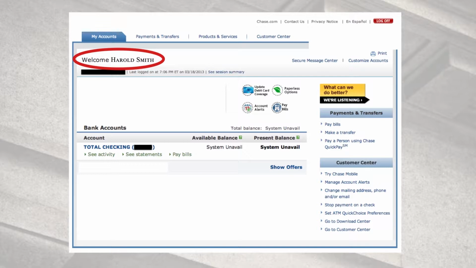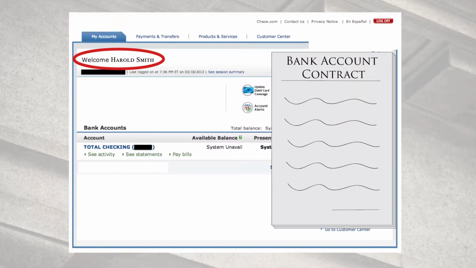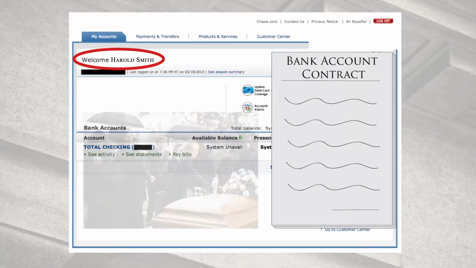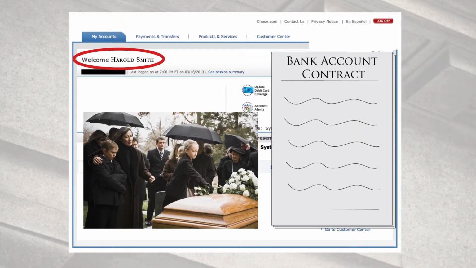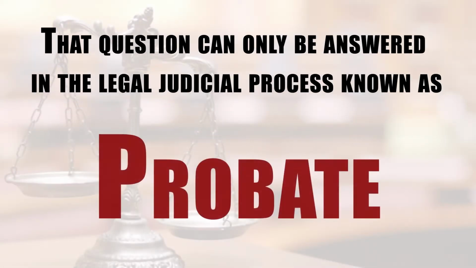The only valid legal ownership document, the bank account contract, then in existence, names a person who is now dead. So who is entitled to take control and ownership possession of the account? That question can only be answered in the legal judicial process known as probate.